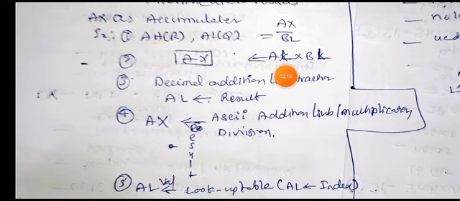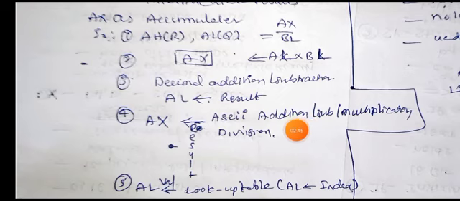Suppose you are multiplying AL by BL, so you will get a 16-bit product that is stored back into the AX register. Suppose you are adjusting your decimal addition or subtraction results in decimal form, right? After adjusting, the result is again stored back in AL itself. Similarly, ASCII arithmetic instructions are there.